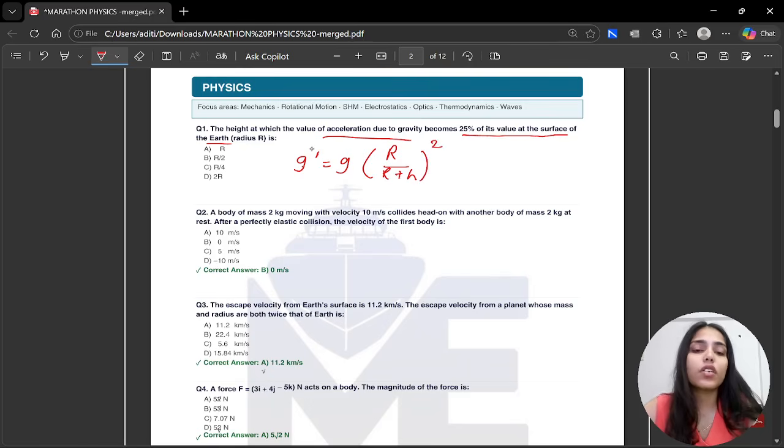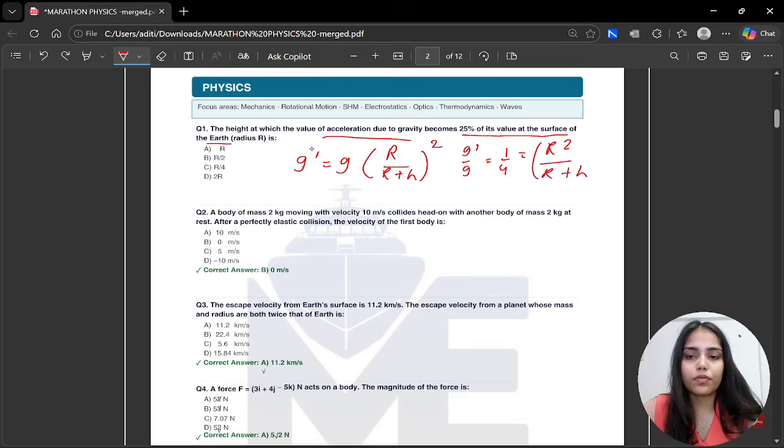This is the formula. So now as we can see, the final gravity is 1 by 4. So g dash by g is equal to 1 by 4, which is equal to R square by R plus h, the whole square, sorry. Let's write it like this, R square by R plus h, right?